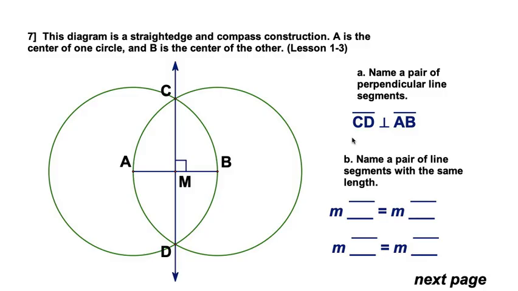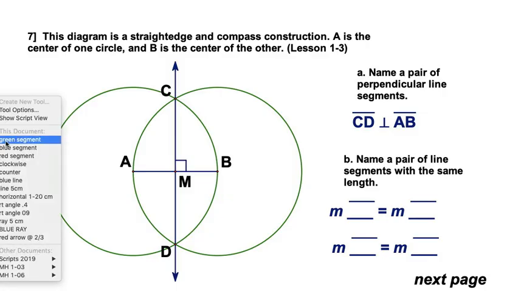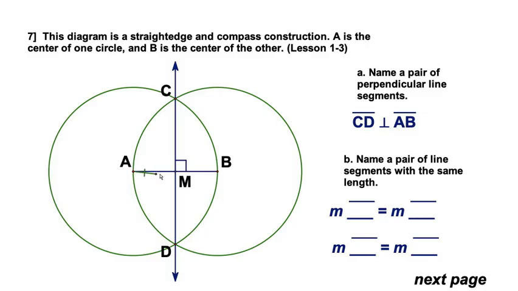Now, name a pair of segments with the same length. Yikes. Well, there's a couple ways we could go here. I could say AM, for instance, is congruent to BM because I know the perpendicular bisector divides this segment into two congruent segments. So I could say, can I see the keyboard?